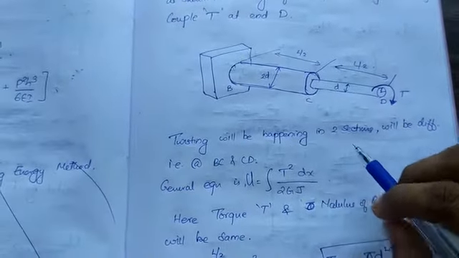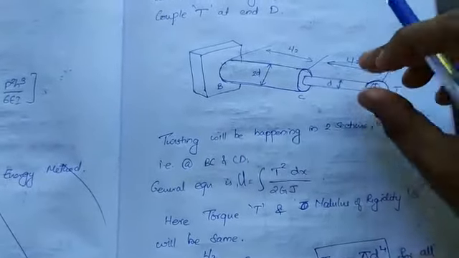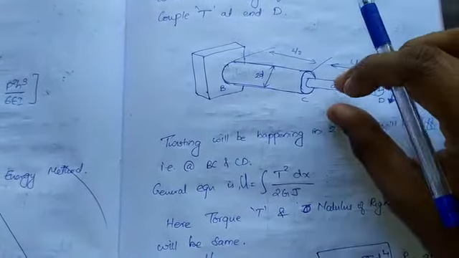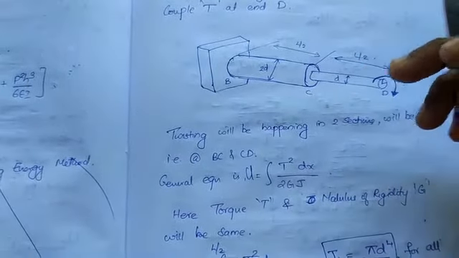Twisting will be happening in two sections, and that will be different. Here we are applying it at D, but for CD and BC a twisting effect will be there.